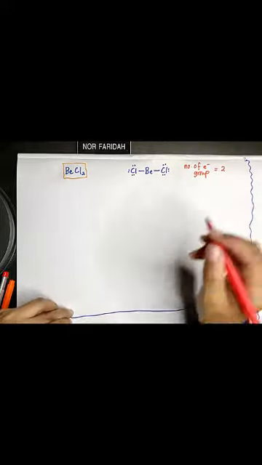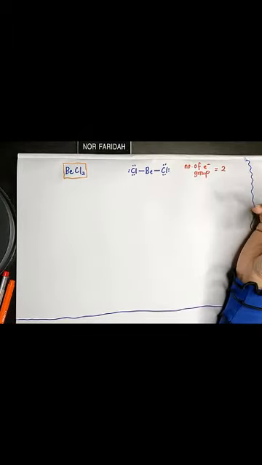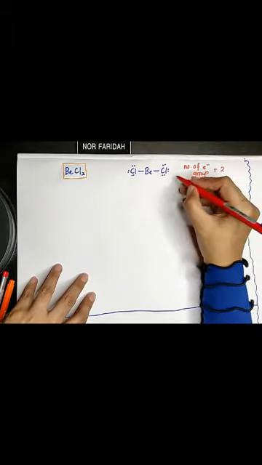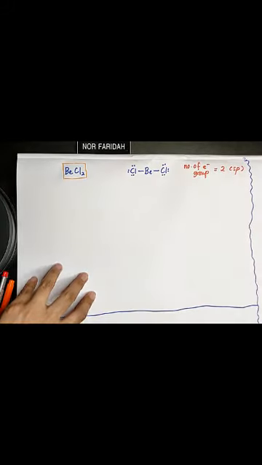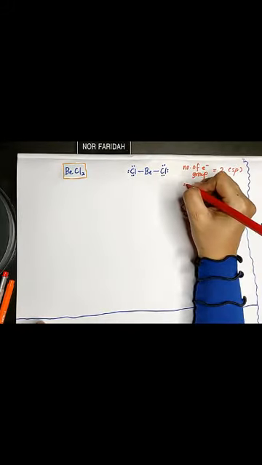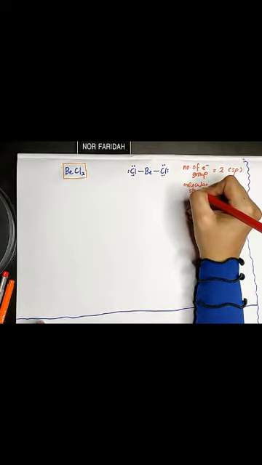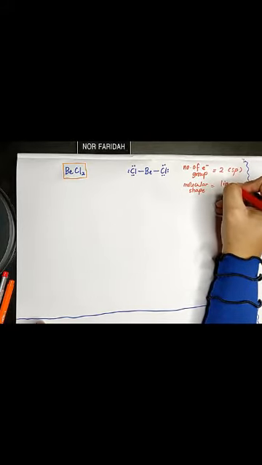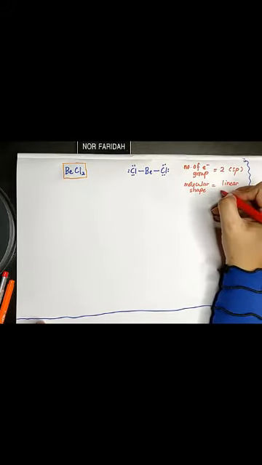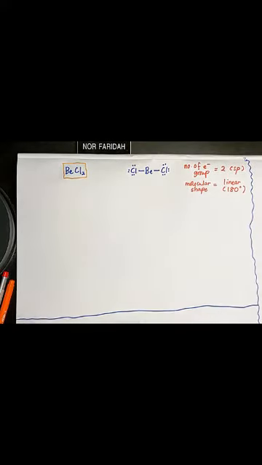Since there are two electron groups around the beryllium atom, beryllium undergoes sp hybridization, and the molecular shape of this molecule is linear. The bond angle is 180 degrees.